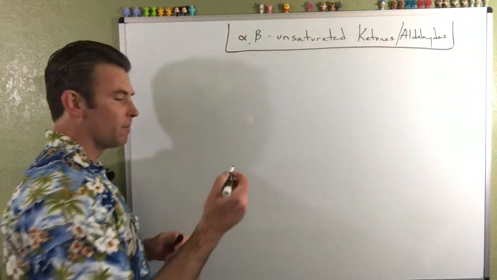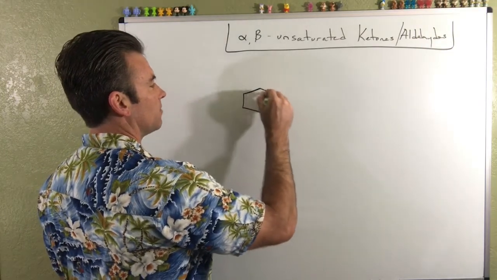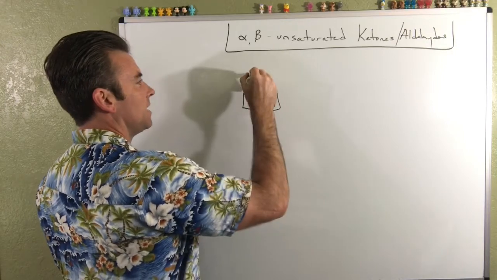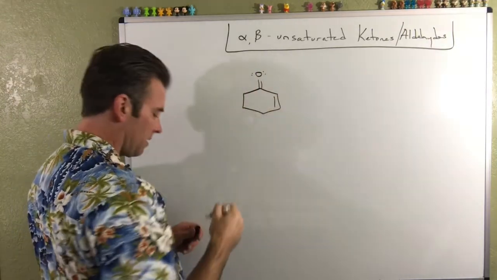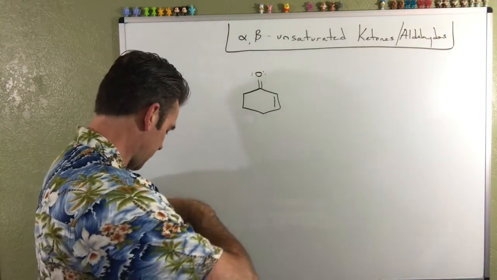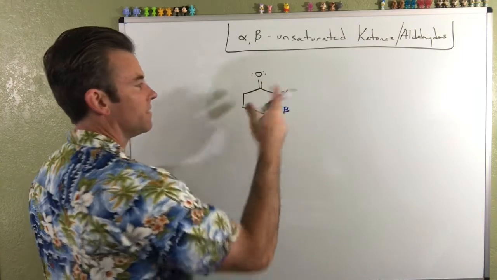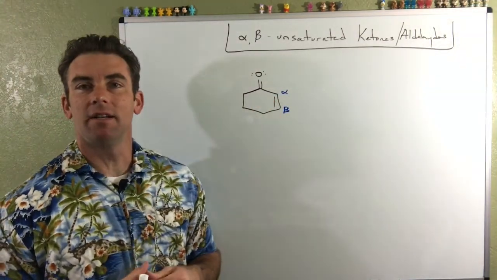So, an alpha-beta unsaturated system, as you might expect, let's just do an example of one of these things because it's probably the most common example, is anytime you have a carbonyl group that on the alpha and beta positions down here, which I guess I can label pretty easily, obviously these systems have an unsaturated double bond there.